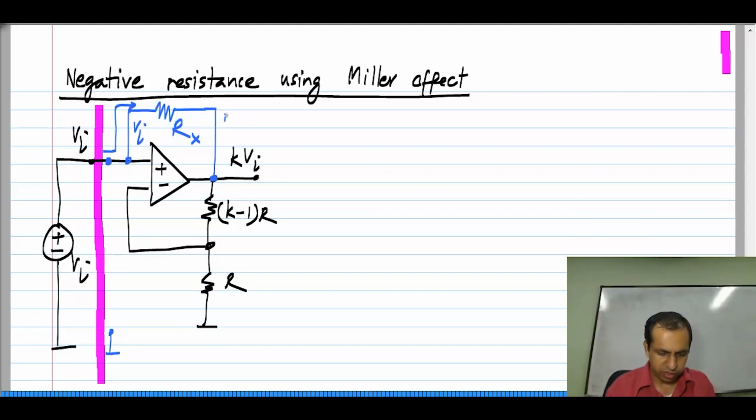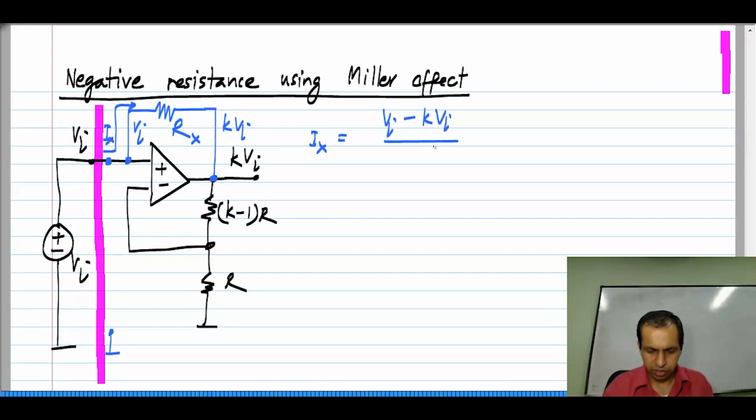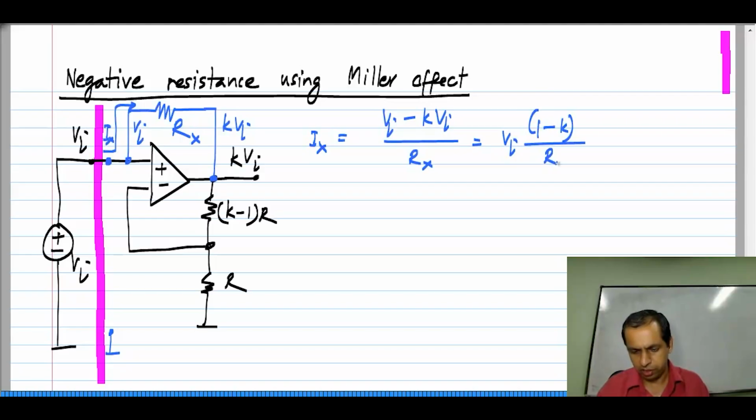This node is at Vi, this node is at kVi. So, this current Ix is Vi minus kVi divided by Rx, which is Vi times 1 minus k divided by Rx. Okay.